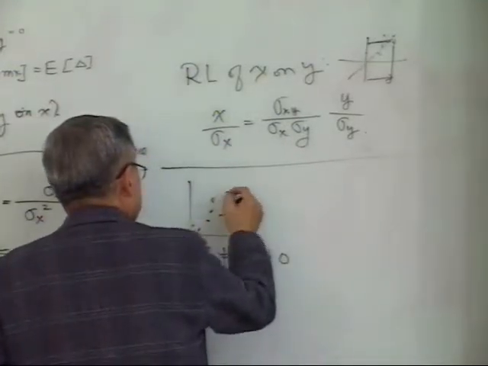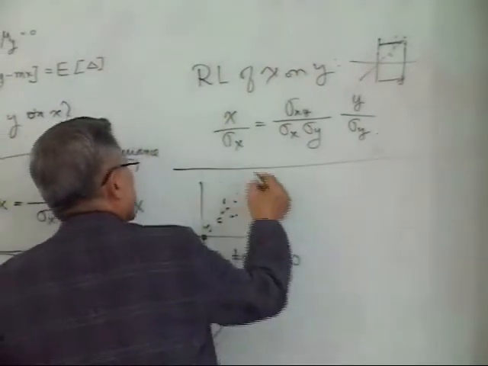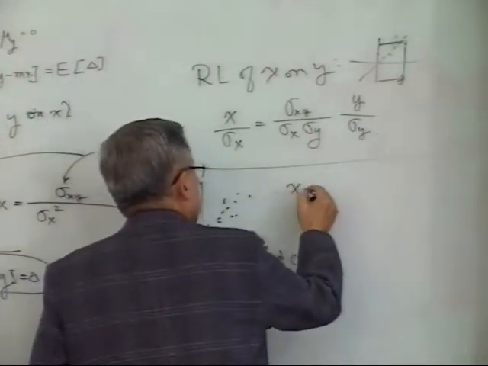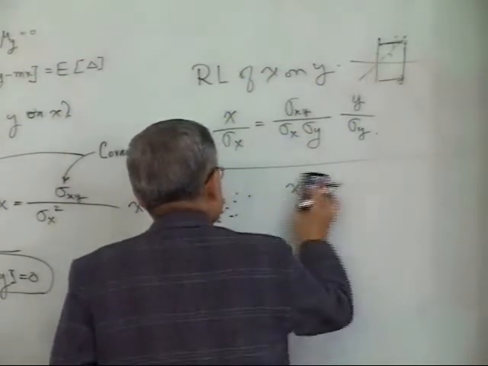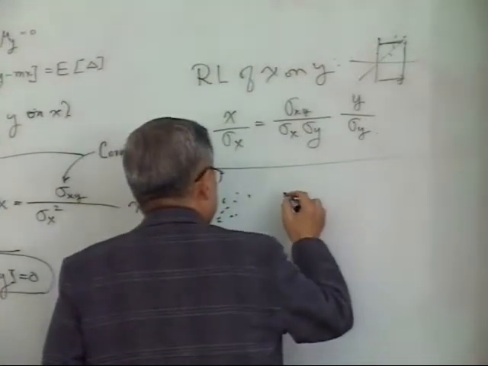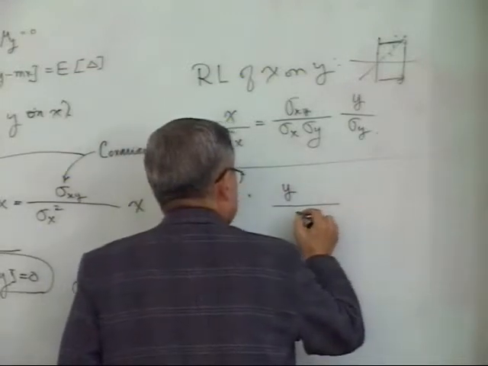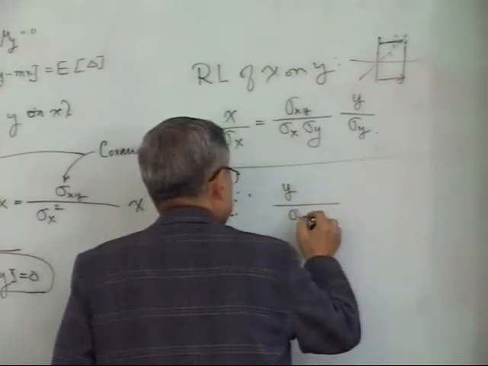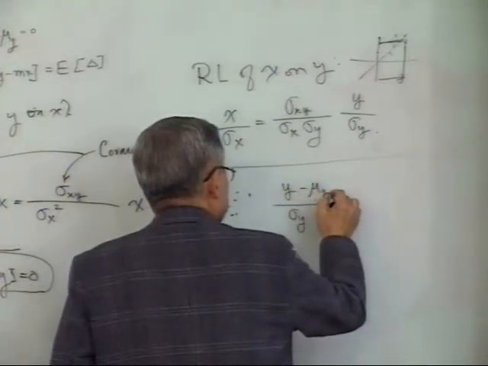When you have all the correlated data, all you have to do is change x to x minus mu x. First, for the regression line of y, this is sigma y, and this is minus mu y.